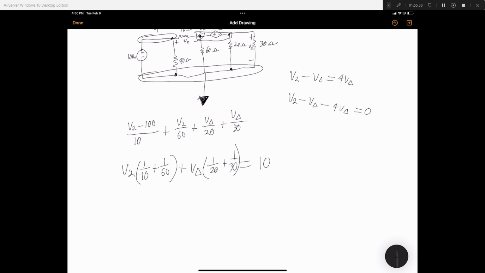And that's all of them for that one. And then we'll have V2 times 1 plus V delta times negative 1 plus negative 4 equals 0.